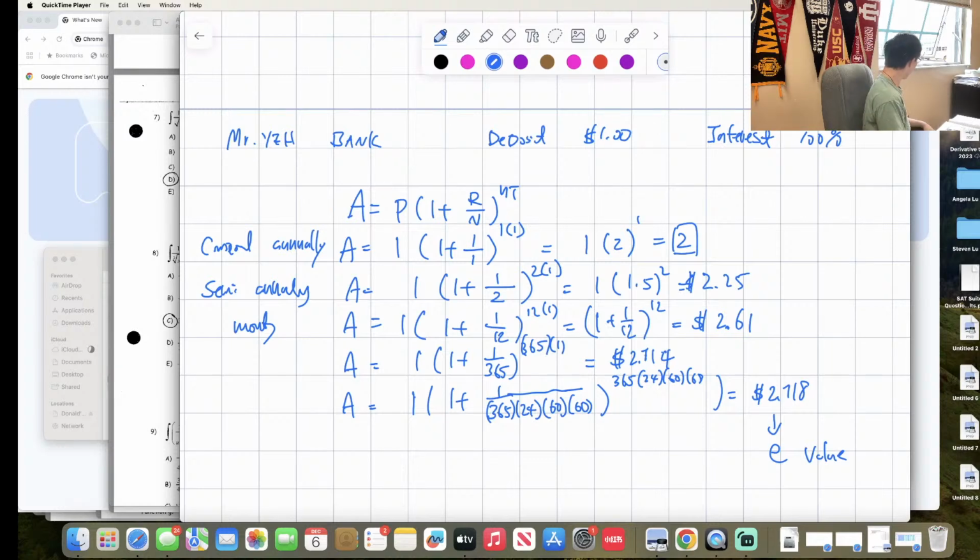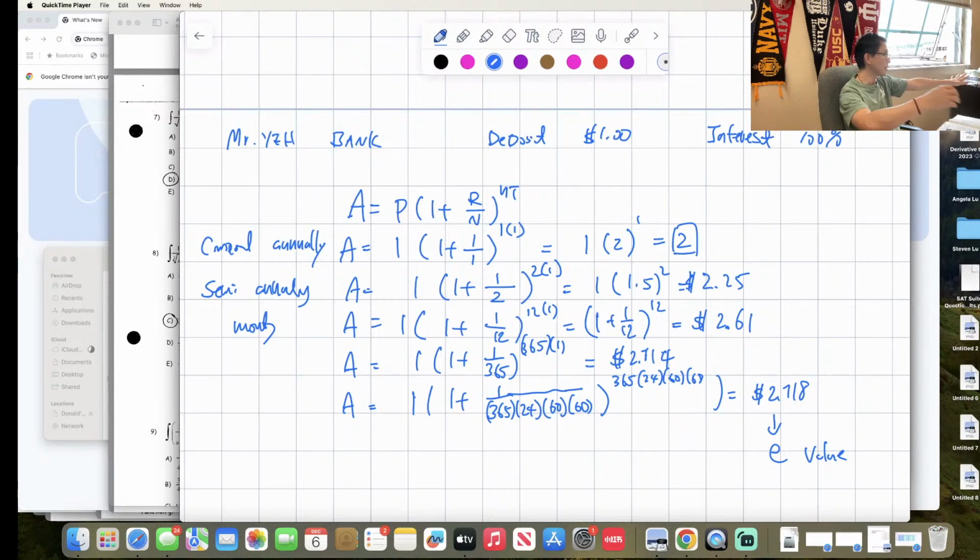Every single second, every moment I'm going to charge you interest. But if you realize, it's not an unlimited amount of money. It's some value that starts with 2, to 2.25, to 2.61, all the way to 2.718. That's the cap.